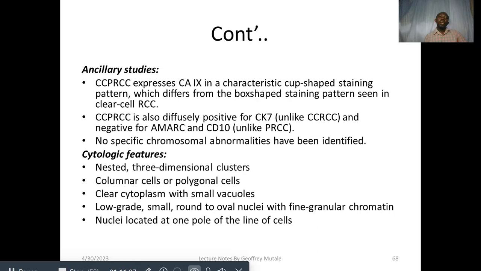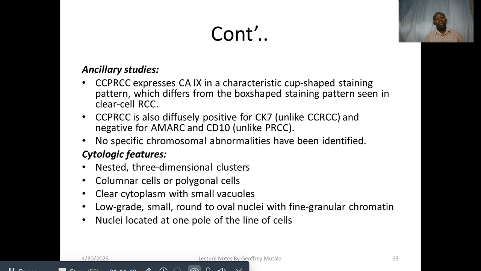And we also appreciate that the CCP-RCC is also diffusely positive for CK7, but unlike in CCRCC, and negative for AMACR and CD10, unlike in PRCC. No specific chromosome abnormalities have been studied in the case of cytogenetics to be related or associated with this as of now.